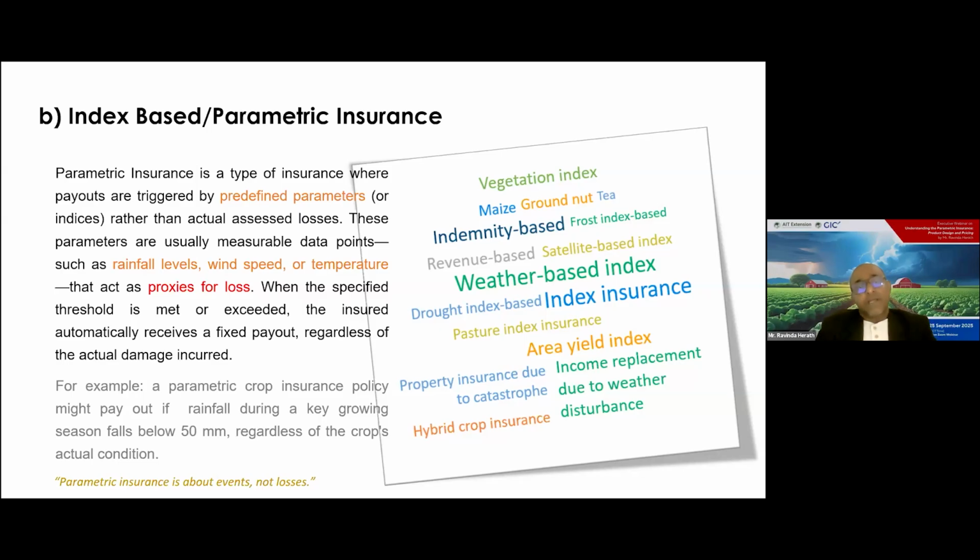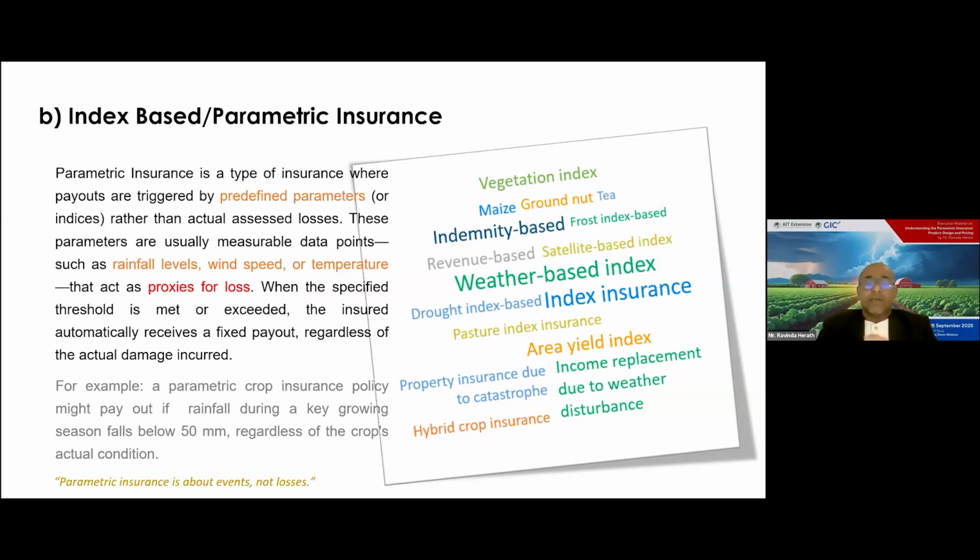What is the importance of this parameter? In parametric insurance, before buying the insurance, the farmer or the client knows very well about the claim payments, and what amount the claim will be paid, at which level of the strikes is reached in these indexes, right?